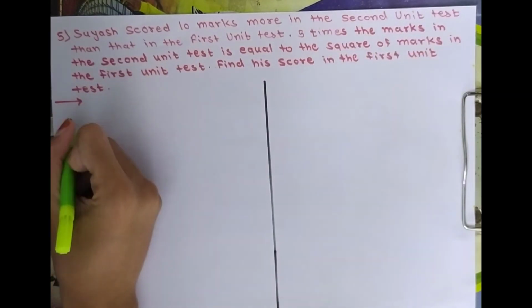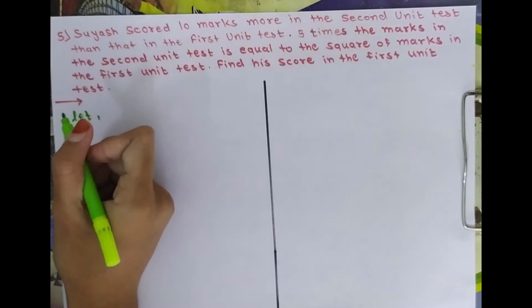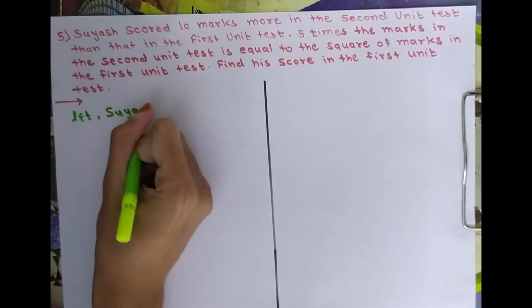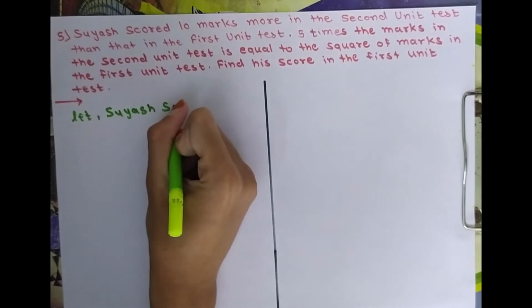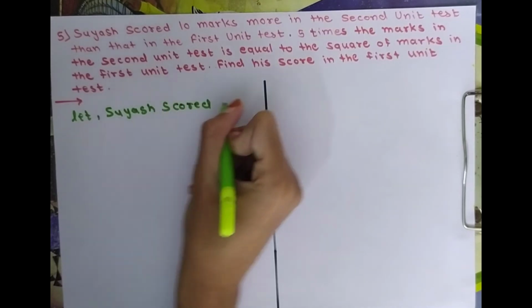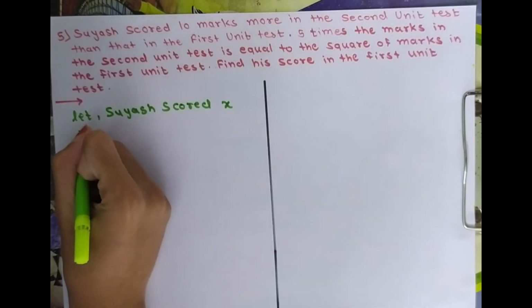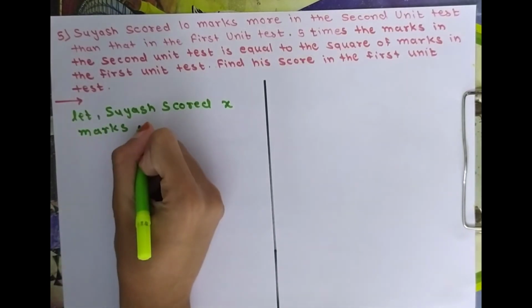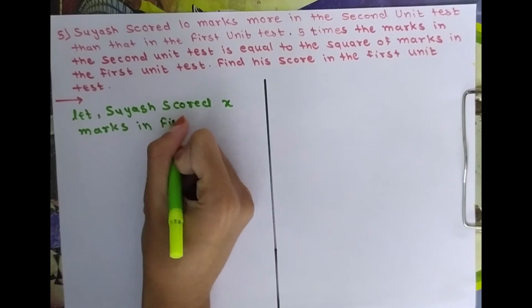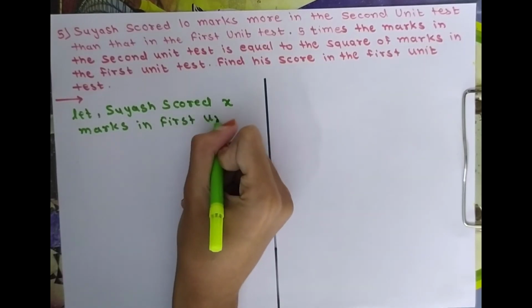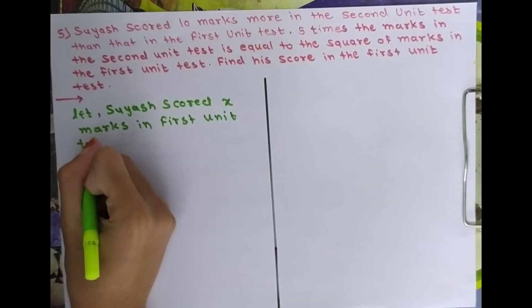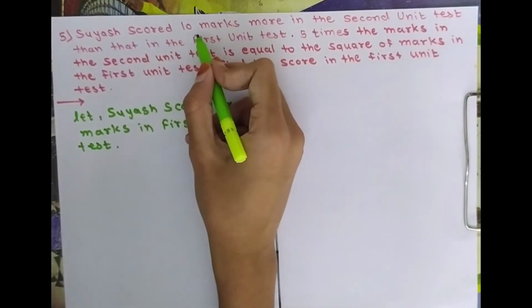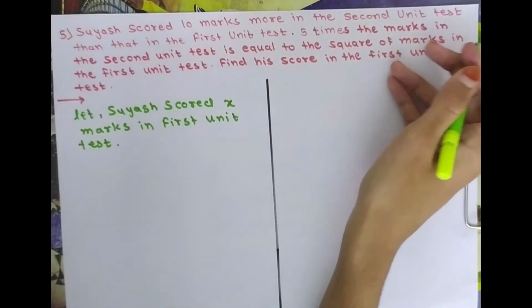So first what? Let Suyash score X marks in the first unit test. So then look, then 10 marks more in the second unit test.